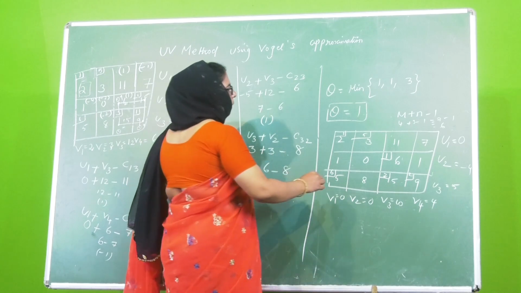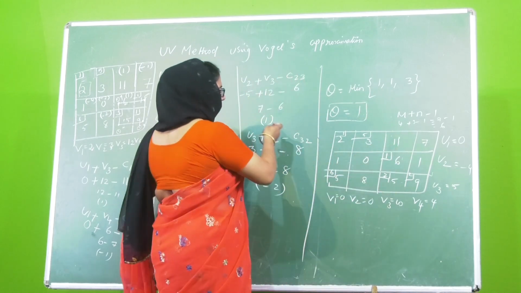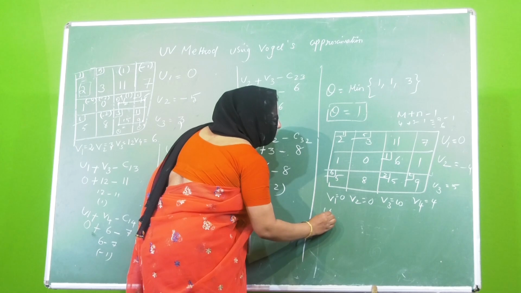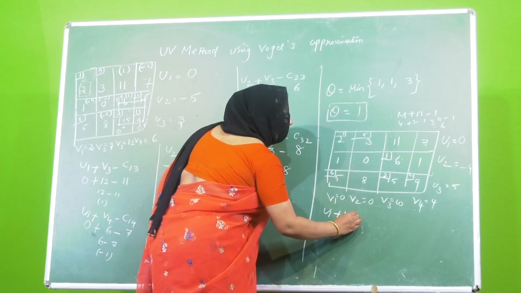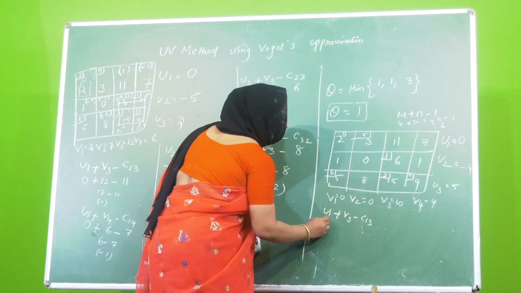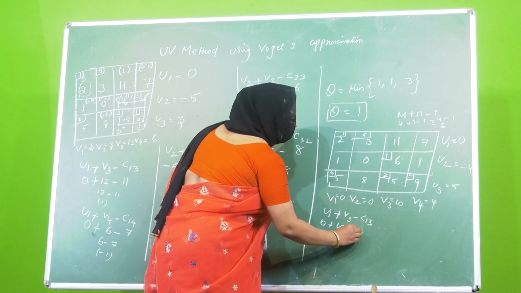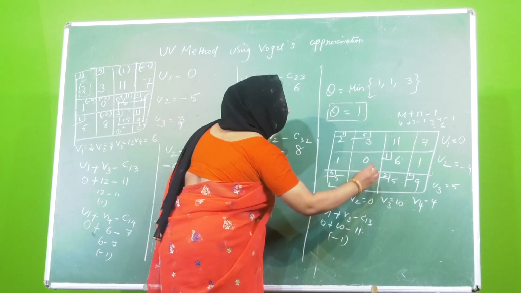Now we find the dummy allocation, likewise as in the previous steps. u1 plus v3 minus c13: u1 is 0, v3 is 10, minus 11. That is minus 1.